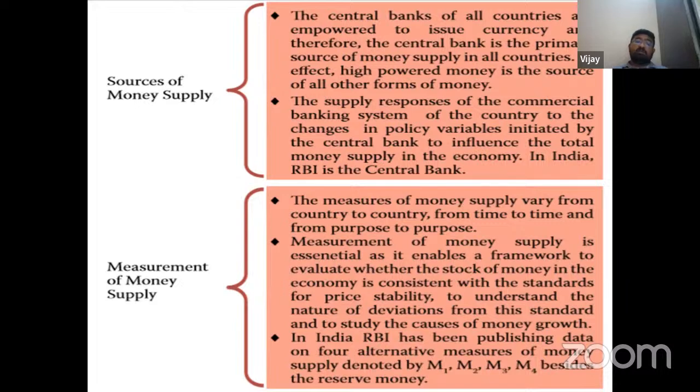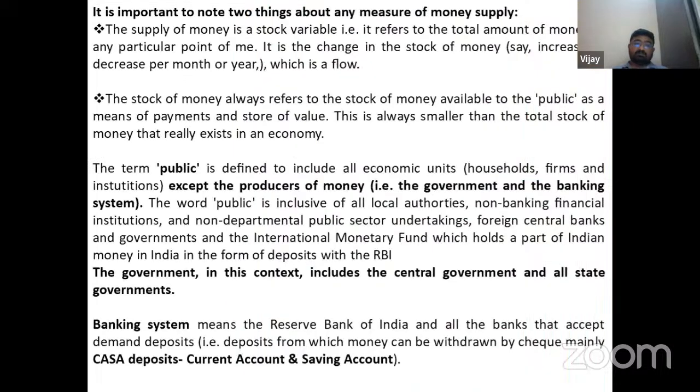Then how do we measure this money supply? Money supply is the money held with the public. Who is meant by public? Households, firms, institutions, except the producers of money, that is, government and the banking system.